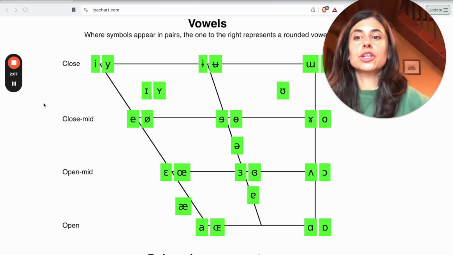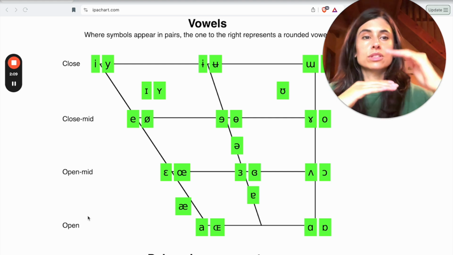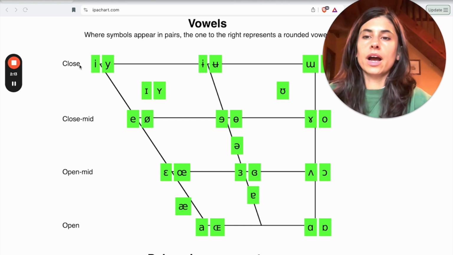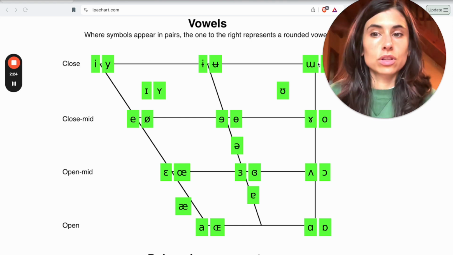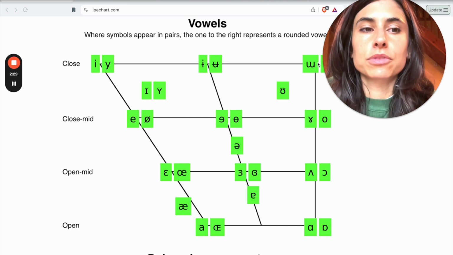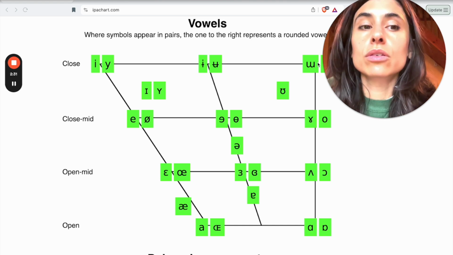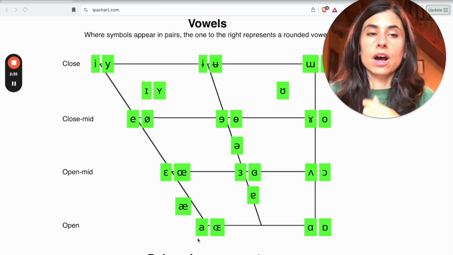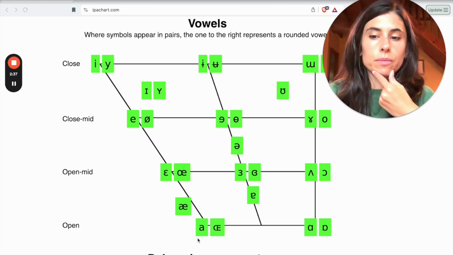So in vertical you have the closeness or openness of the mouth. Here up top you have represented the most closeness of the mouth. Let's say this position, close. And if you go down, you have the most openness of the mouth.